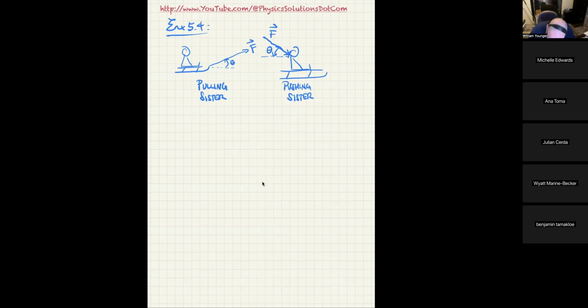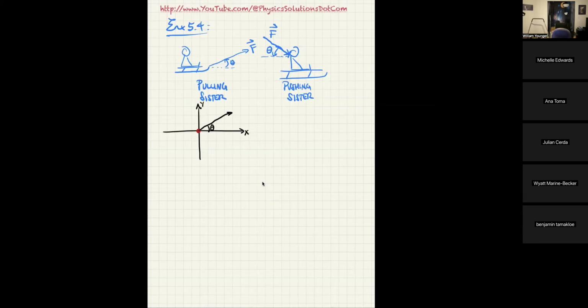All right, let me draw the free body diagrams. So there's our X, there's our Y. What we have in this case is a force that's not broken down into components yet. It's basically a force that's on a diagonal at an angle theta.